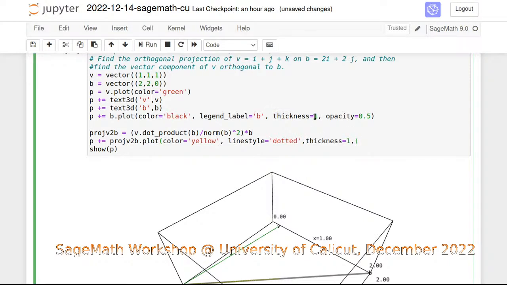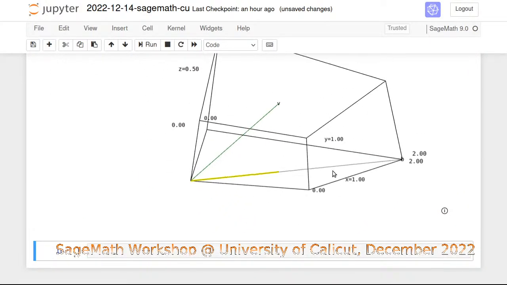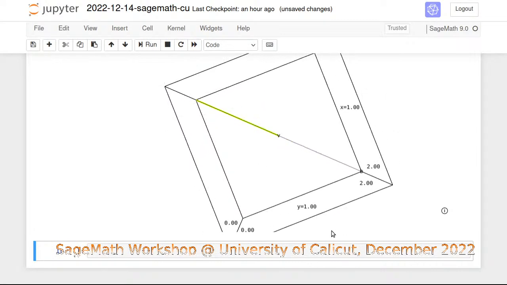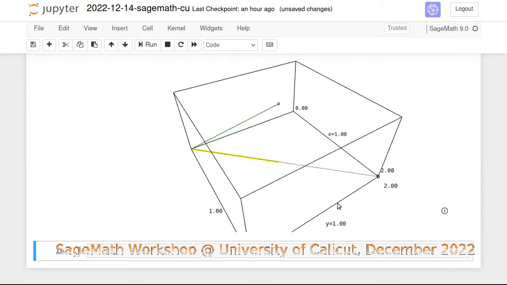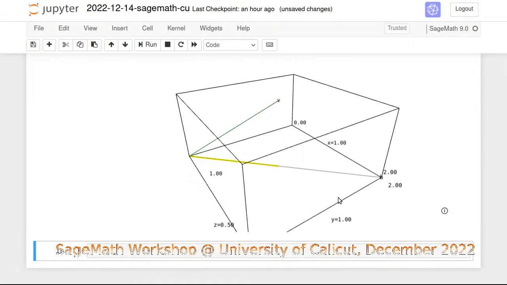So this we will be able to distinguish, I guess. Yes. So this is the projection that we have. The projection vector, you can see that we are perpendicularly dropping it down onto b. We are getting it as the vector. Okay. So this is the projection vector.